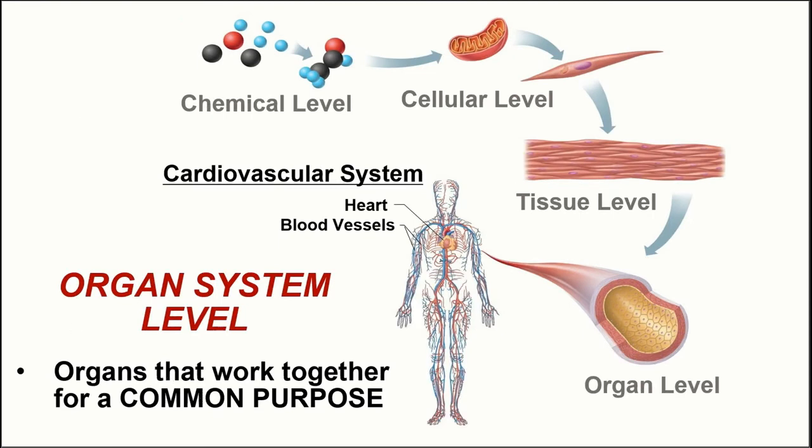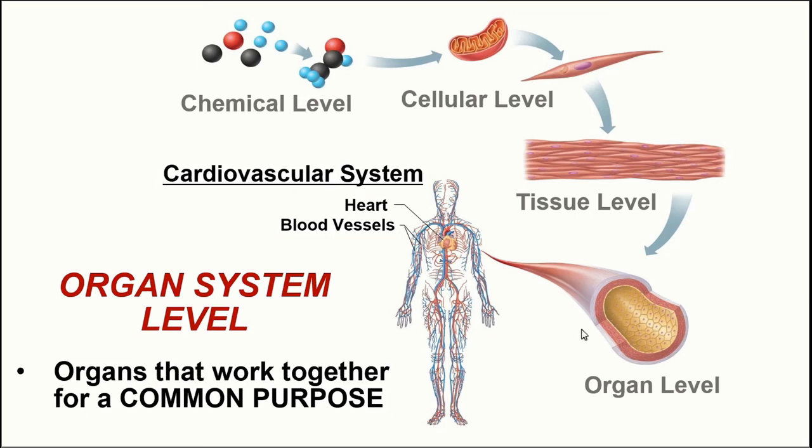Finally here we'll move on to the organ system level. So this is the second highest of our levels of organization. An organ system is defined as a group of organs that work together to accomplish a common goal or purpose.